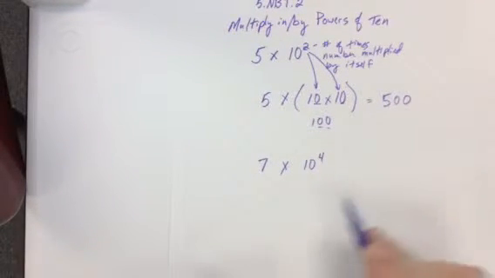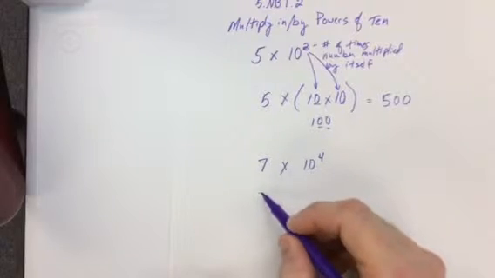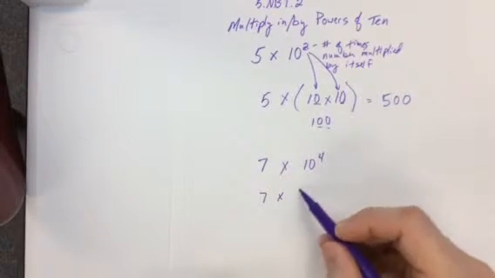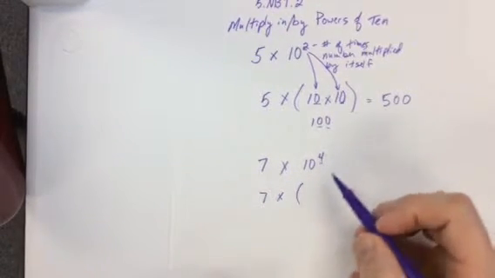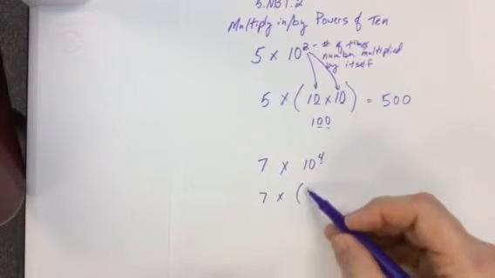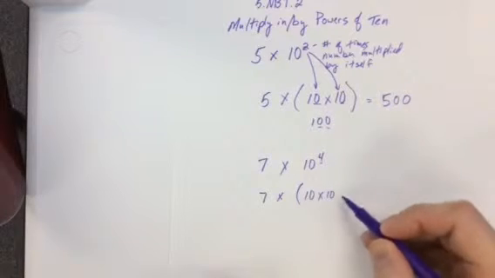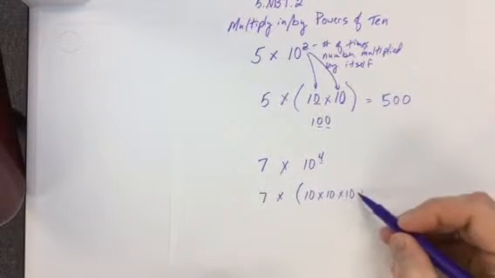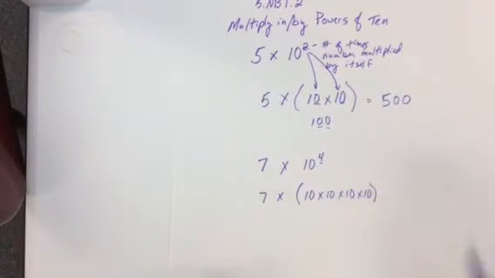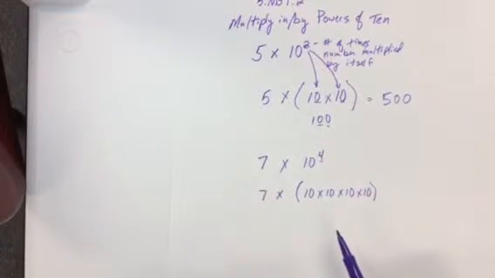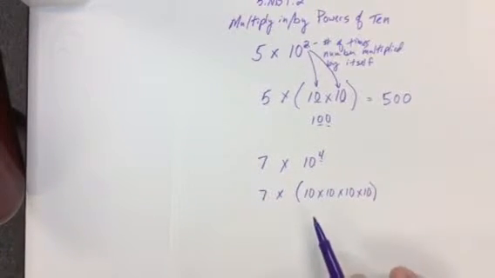To write this out, it would be 7 times, and then again, the exponent is the number of times that the number is multiplied by itself. So that would be 10 times 10 times 10 times 10. And that looks like a really big number, but it's really just looking at patterns of multiplication using tens.